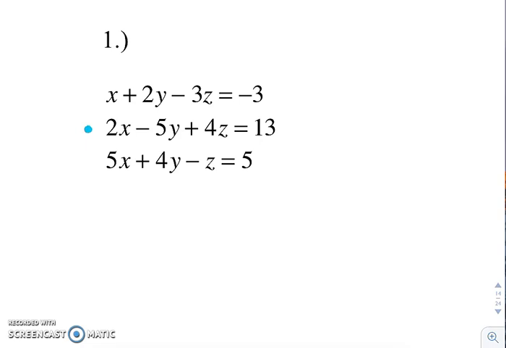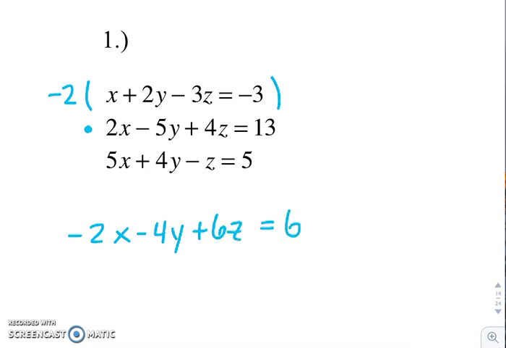So what I'm going to do is multiply this top equation by negative 2. So we would get negative 2x plus 2y minus 3z. Nope. How about we multiply all those things by 2? So negative 2x minus 4y plus 6z equals positive 6.